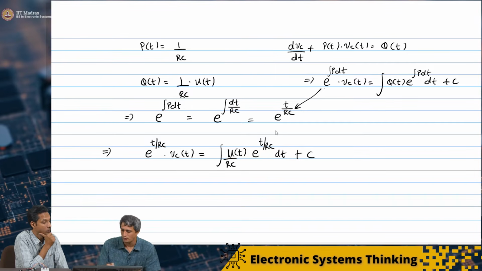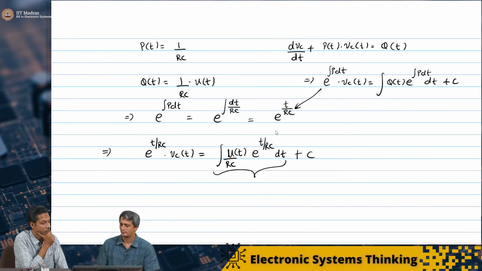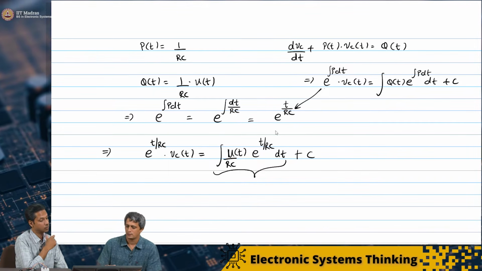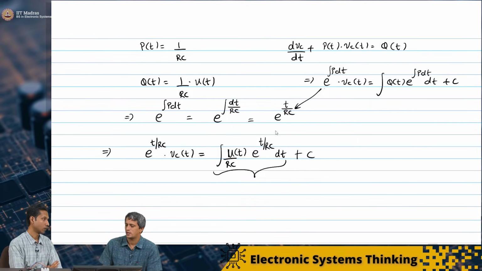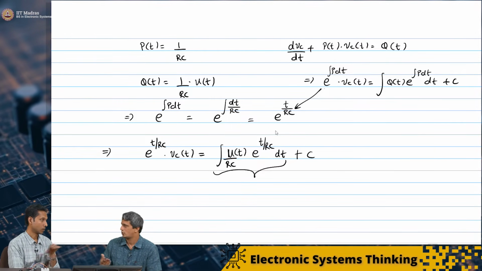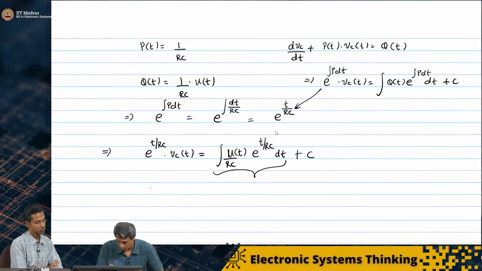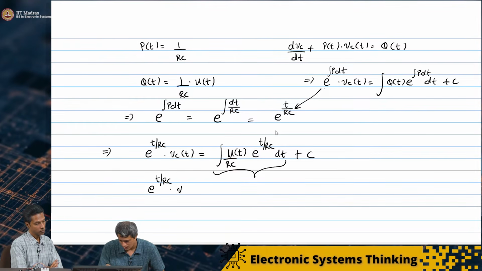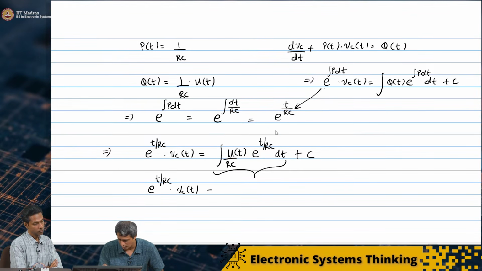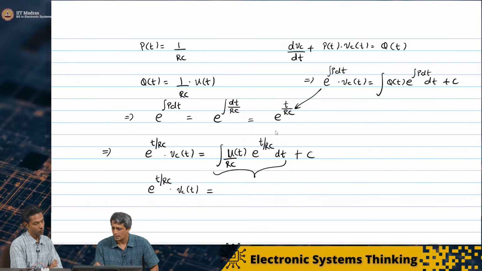Now how do we solve this? u of t is essentially just a constant, and therefore you can have e power t by RC into Vc of t equals 1 by RC into integral of e power t by RC dt.